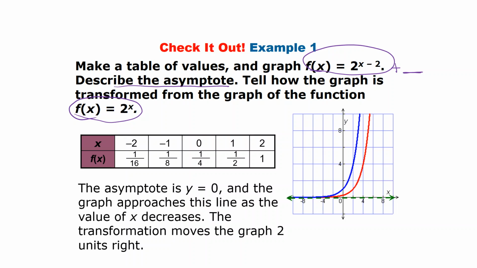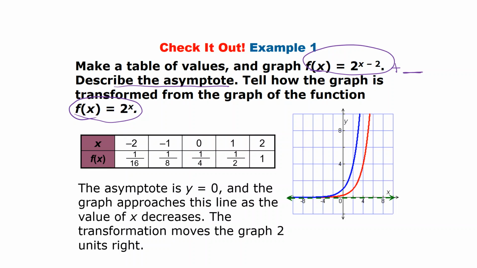The parent function, here in blue, and our new function, the red one, still have the same asymptote, and that's this line in green. So the asymptote is y equals 0, and the graph approaches this line as the value of x decreases.